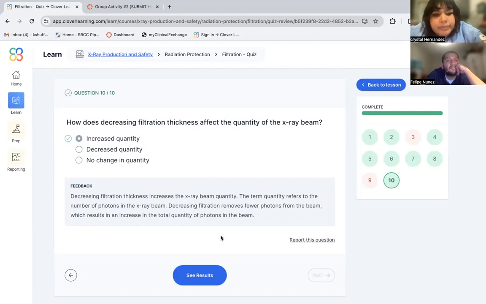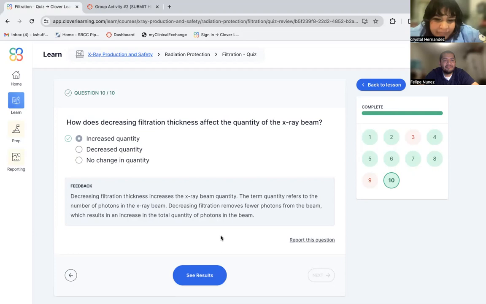A lot more photons are going to come through. Wouldn't that also give us more scatter too, because we're getting a lot of low energy photons? Yeah, I think so, because a lot more are going through to the patient. A lot of direction changes, perhaps.